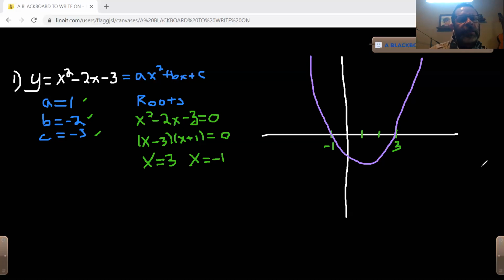How would we find the intercepts? f of 0. Let's do that. That's a good thing. These are what we just found here. These here, the roots, are the x intercepts.